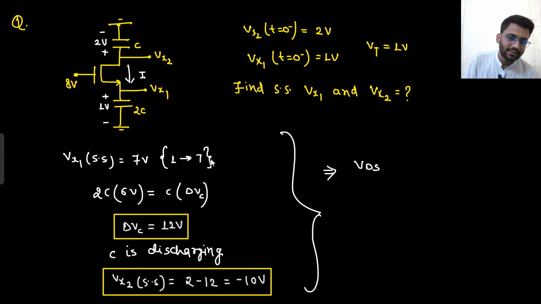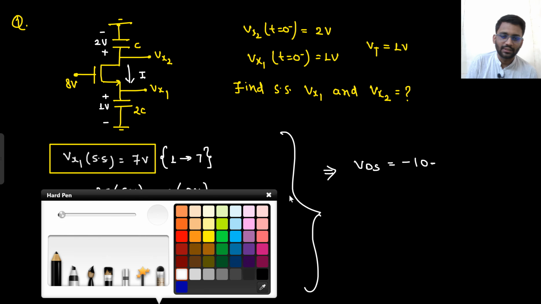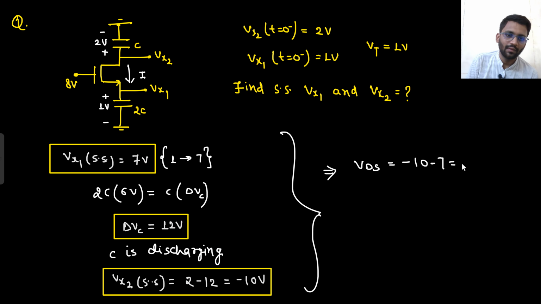Drain is at minus 10 and source was at 7 volt. Vx1 was 7 volt. So VDS is minus 17, which is wrong. It cannot be like that. So now I have to take care of the condition that VDS should be greater than 0.